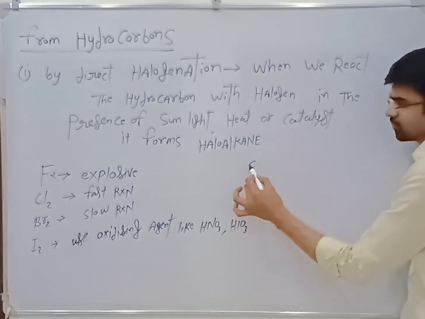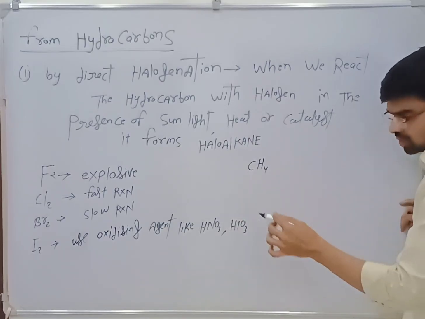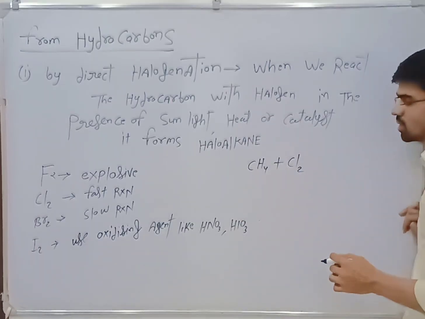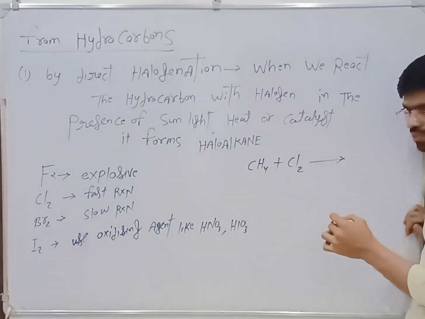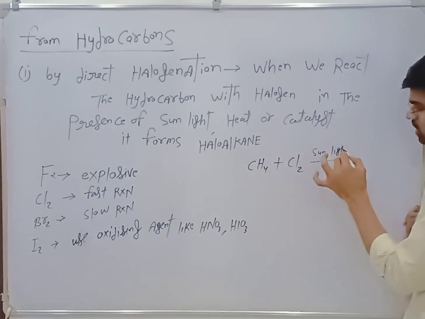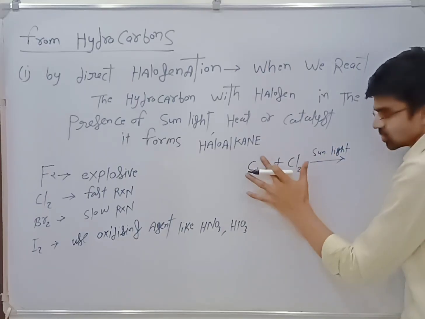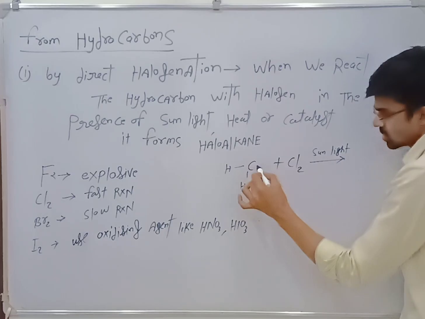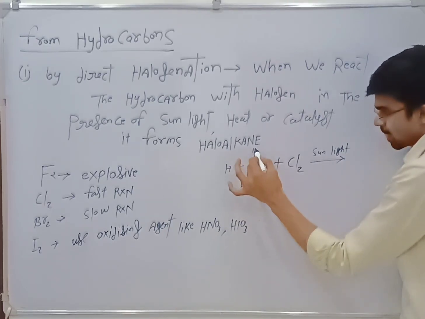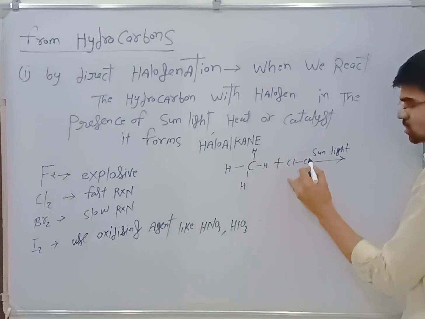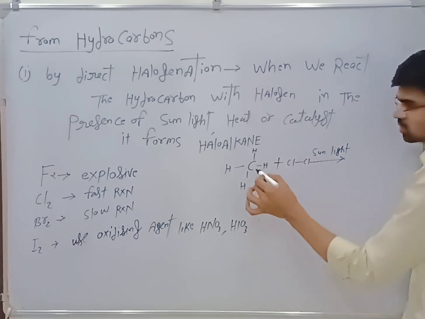If we take the hydrocarbon methane and react it with chlorine, what will happen here? It will follow a free radical mechanism in the presence of sunlight. So we have methane, meaning 4 hydrogens are there, and here we have chlorine.